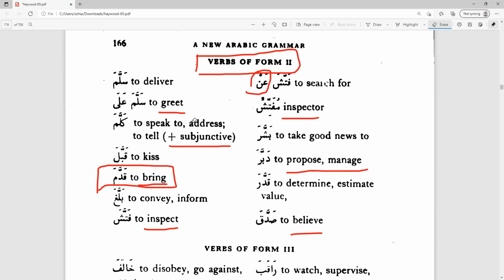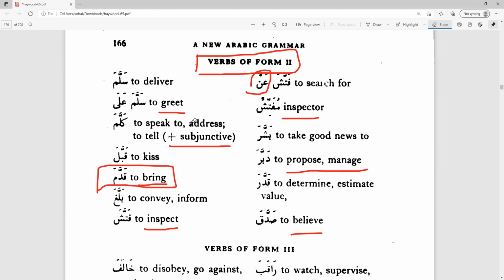There's an app called Hans Wehr, which I sent you in the group. In there, if you type in qaf, ba, and lam, and go down, you'll find the verb in the first form written first.